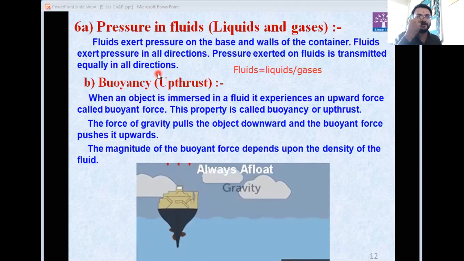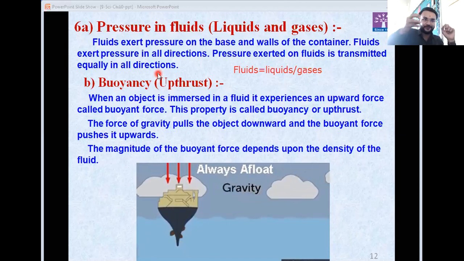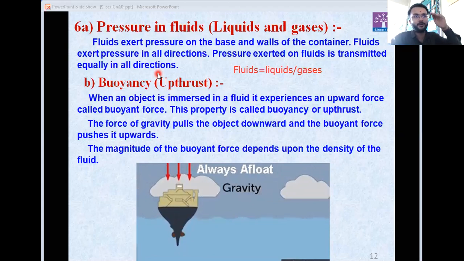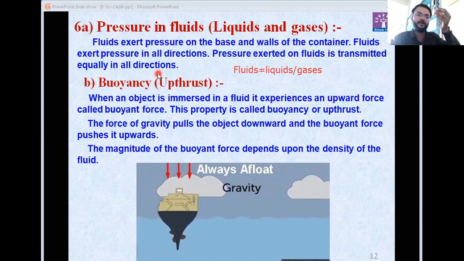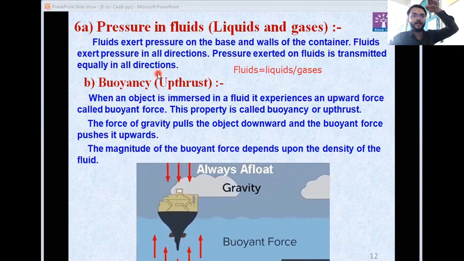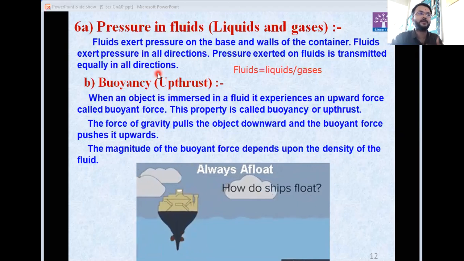Dear students, you must enjoy this activity and you will observe that if the hole is very near the base level, then the water will come out with force, and the hole which is very near the upper part, the cap area, then the water will come out with very little force. So it shows that in liquids pressure increases with depth, right? You must have enjoyed all these activities in your previous classes because these things are included in our syllabus in grades 6, 7 and 8.